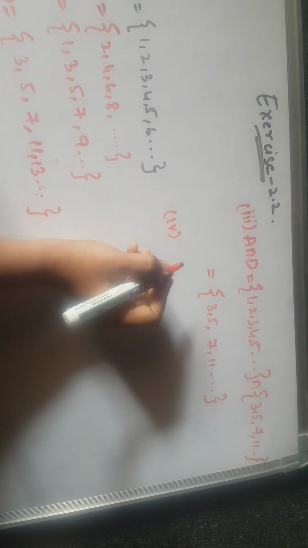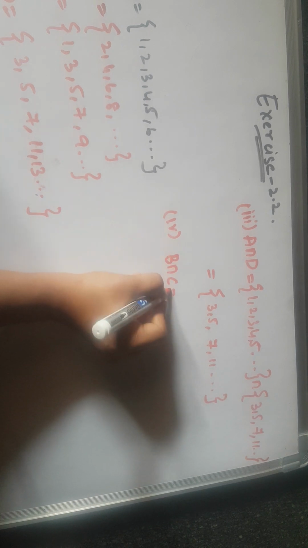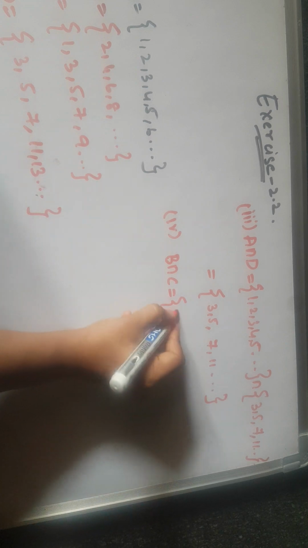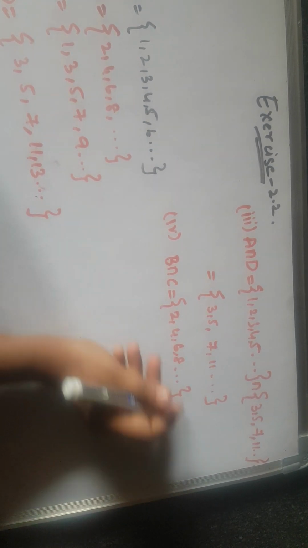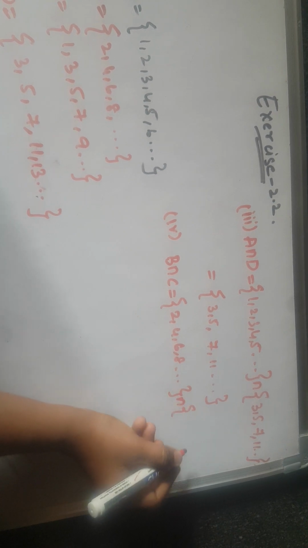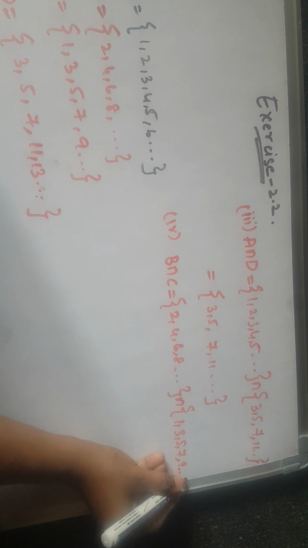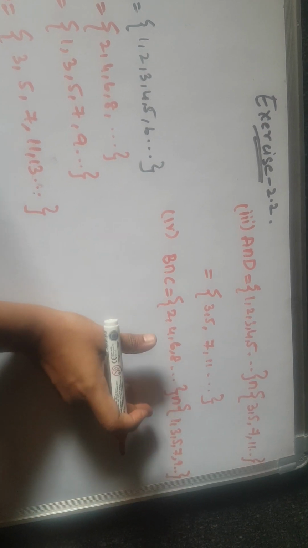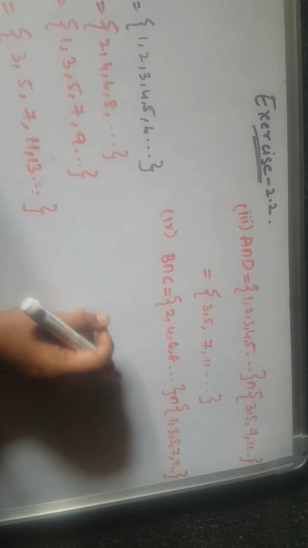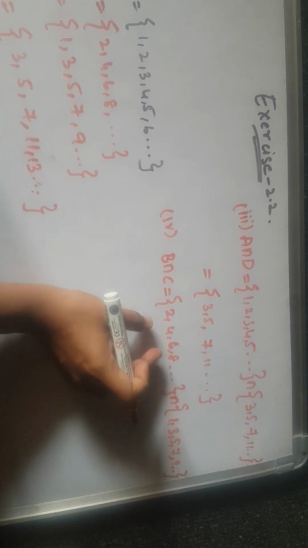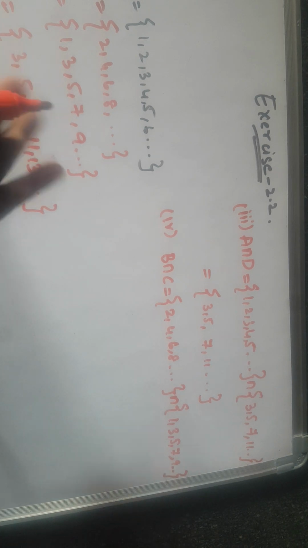The next question is, we have to find B intersection C. What is the value of B? 2, 4, 6, 8, all are divisible by 2. And C means odd numbers, 1, 3, 5, 7, 9 and so on. These are all the even numbers and these are all odd numbers, so not even a single number is present in both of the sets. Nothing is common in both of the sets.